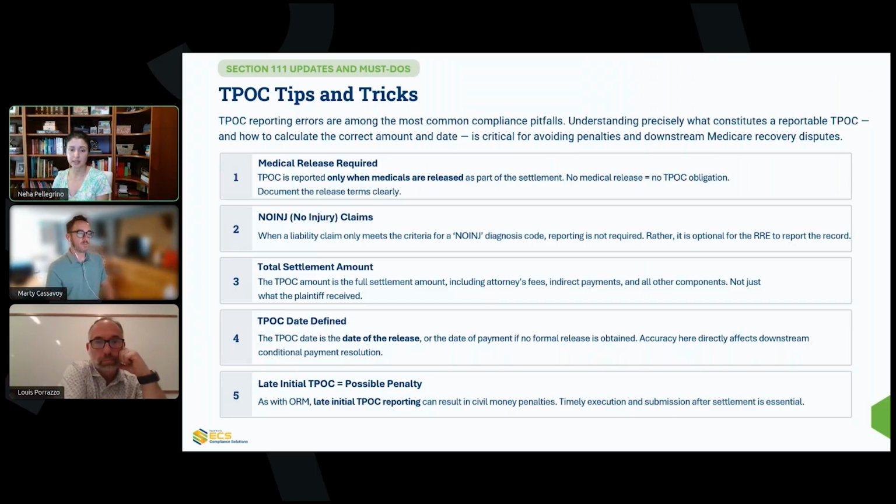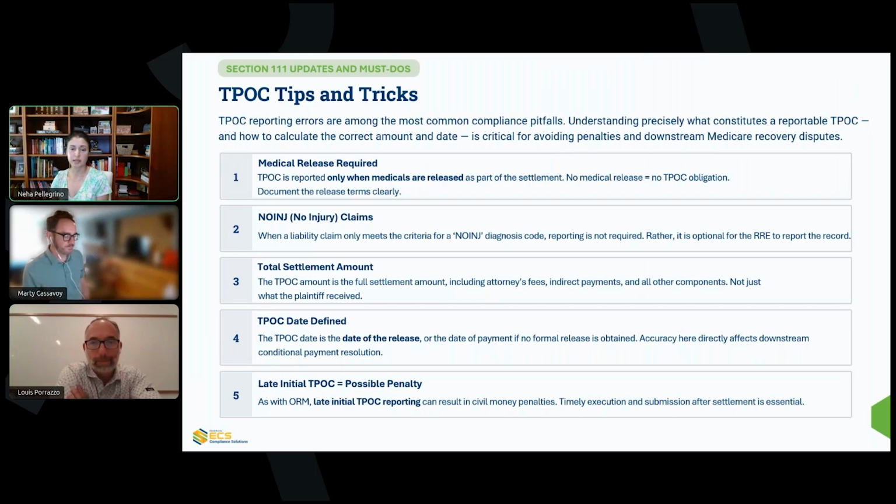Now, when you have a liability claim that meets the criteria for an NOINJ or no injury diagnosis code, that claim does not need to be reported. This is somewhat of a newer update as well, where these are the types of claims where there's no associated physical injury involved.